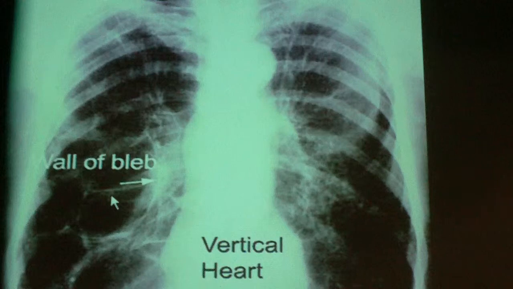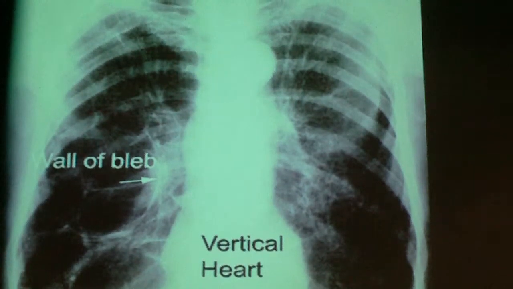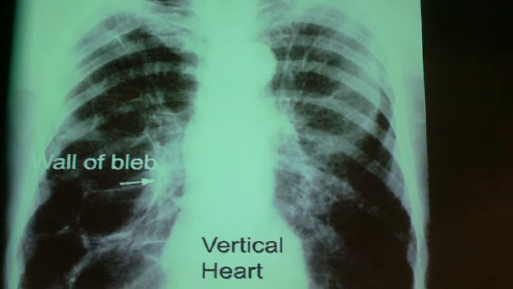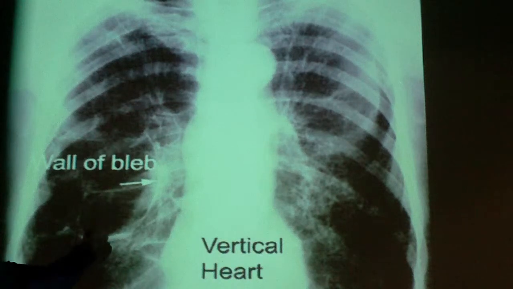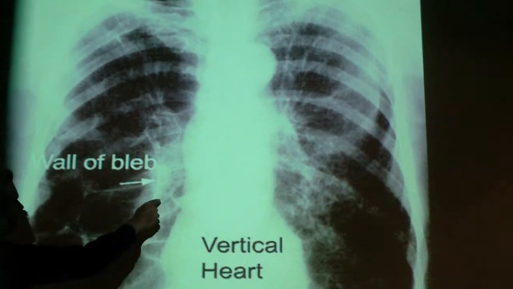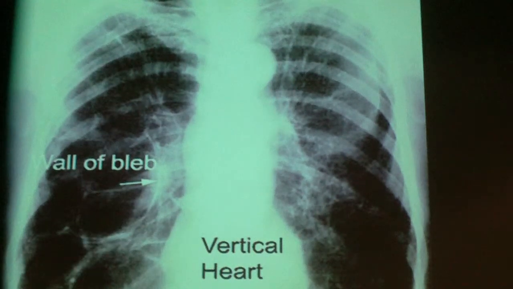It's more black than on the previous slide. So that means that there might be some destruction of lung tissue. What also shows that is that you can see maybe some holes in the lung parenchyma over here. And here you see clearly the wall of such a bulla or bleb, and that's consistent with emphysema.